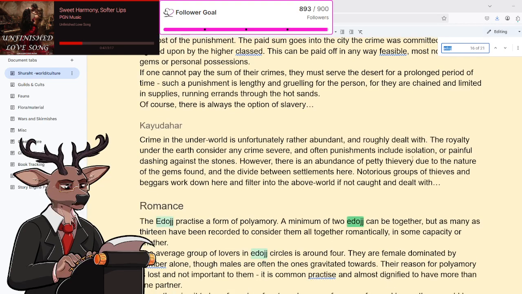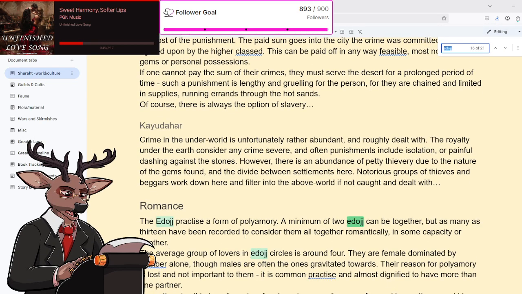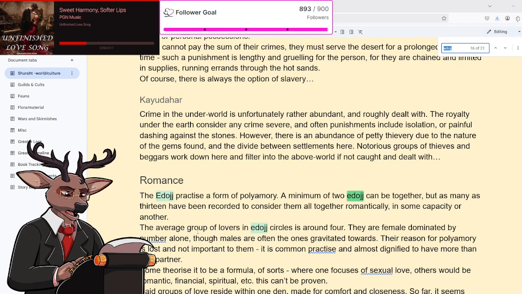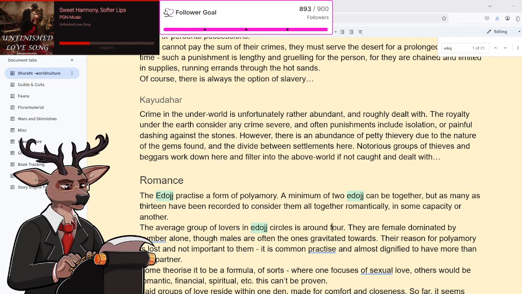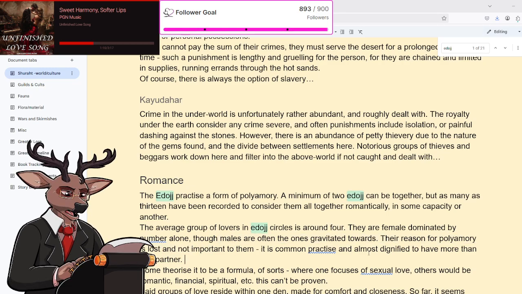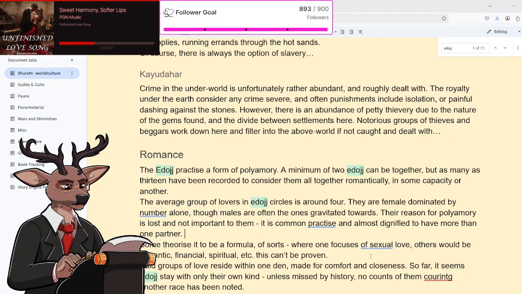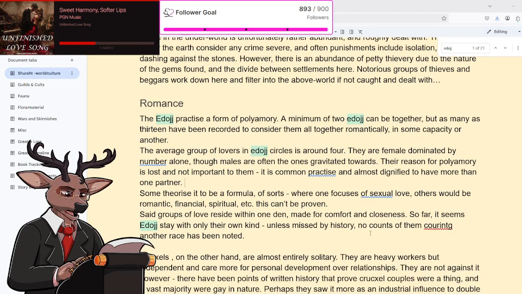Oh yeah, the Edoge are openly polyamorous, which I think is pretty cool. Average group of lovers in Edoge circles is around 4. They are female dominated. Their reason for polyamory is lost and not important. It's just common practice and dignified. Hell yeah. These bitches gay.